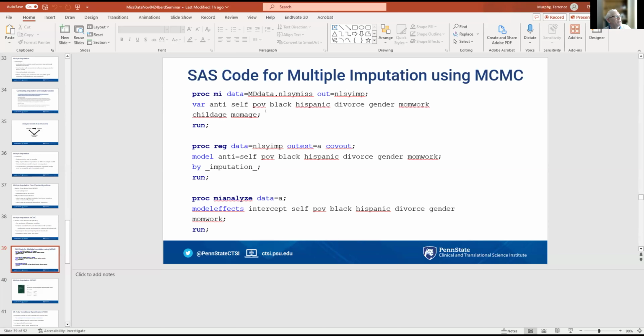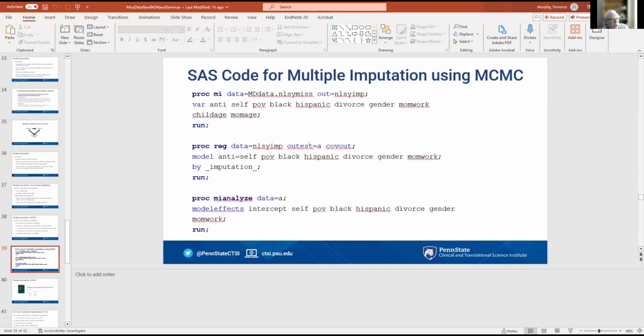It's going to assume that all these variables, whether they're continuous or categorical, follow an underlying multivariate normal distribution. PROC REG fits linear regression to, now your input data is the output data that contains the multiple copies of imputed data.